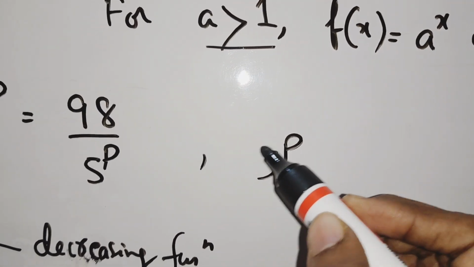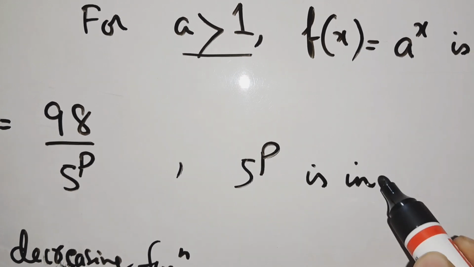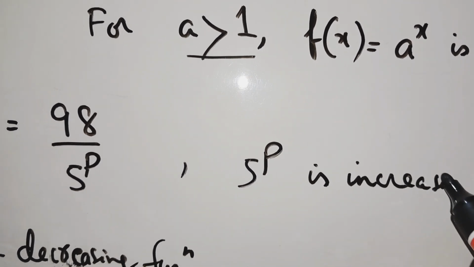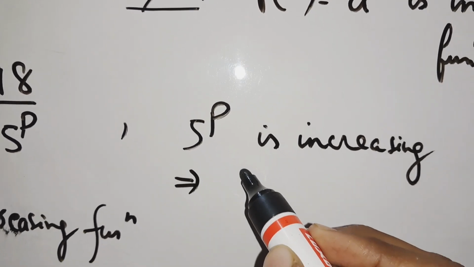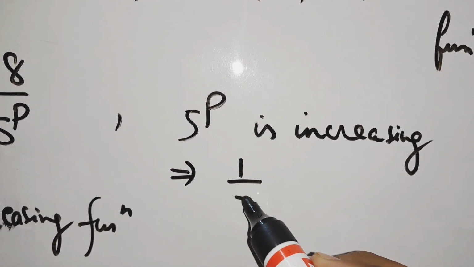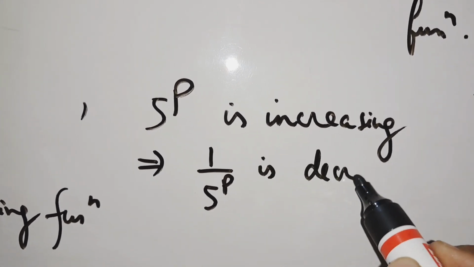if a is greater than 1. 5 is greater than 1, so 5 to the power p is an increasing function. That means its reciprocal, 1 by 5 to the power p, is decreasing.